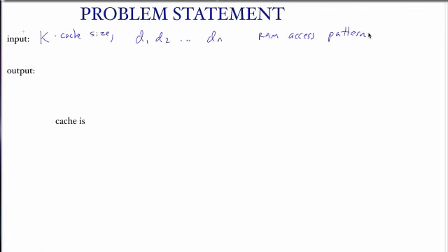Our first n memory accesses are going to be, the first one is going to be at this address, then this address, etc., etc. The output is going to be the smallest number of cache misses. Least. This is the full problem statement. We have a cache size, and we're given a sequence of memory accesses. The cache is fully associative. What's the least number of cache misses?